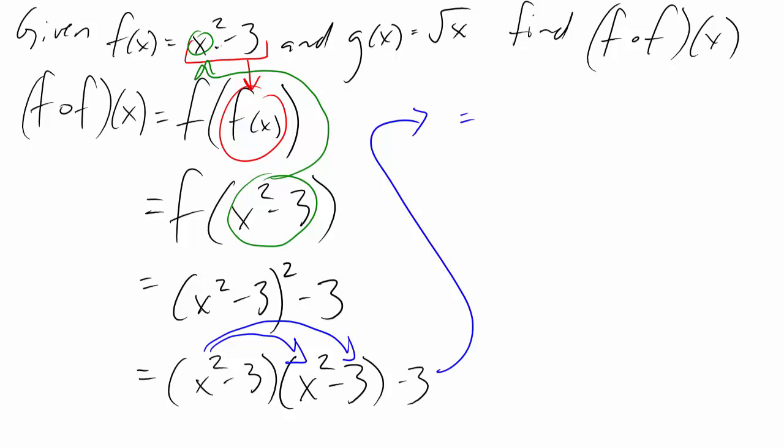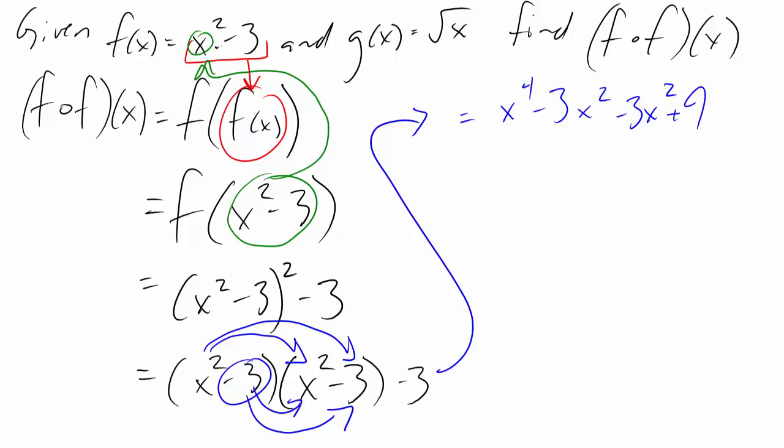You can call it foiling or distribution. So we have x squared times x squared, which will give us an x to the 4th, and then the x squared times a minus 3, which will be a minus 3x squared. And we're going to do the same thing with the minus 3 in that first set of parentheses, and we'll distribute it through to everything else in the second to get another minus 3x squared and a plus 9. And then don't forget about this one here on the end with the other minus 3.